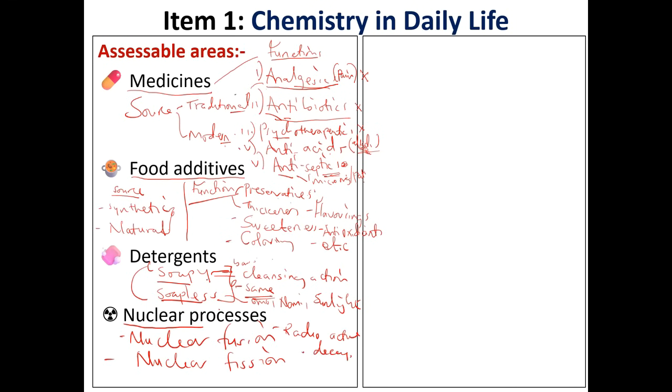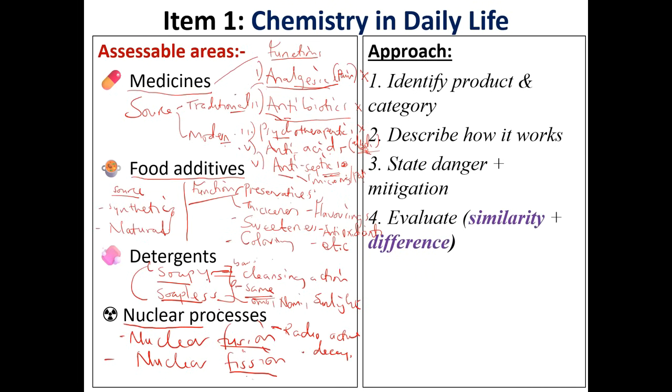But the major categories of these processes, we have two major nuclear processes: the first one is the nuclear fusion. Then the second is the nuclear fission. So we have the two major categories of nuclear processes.